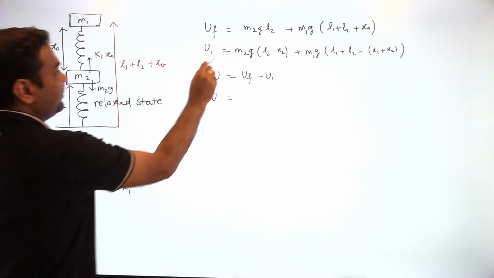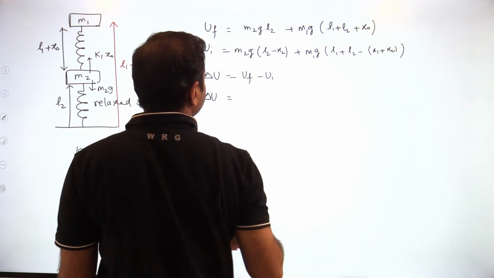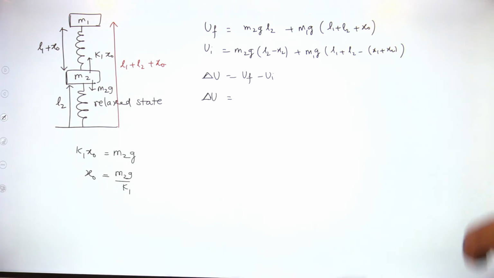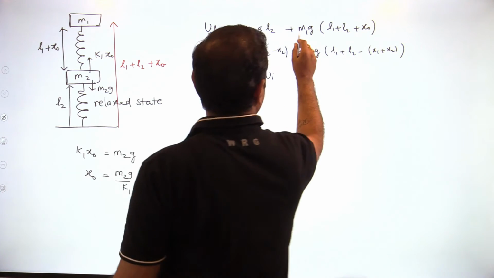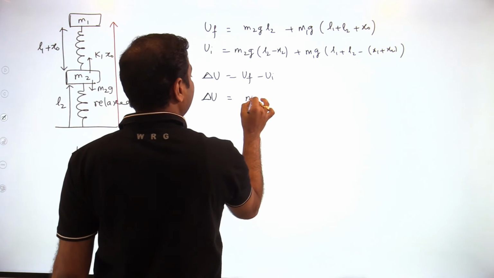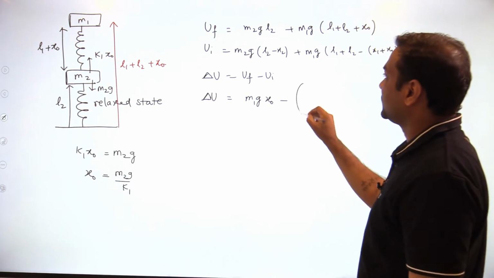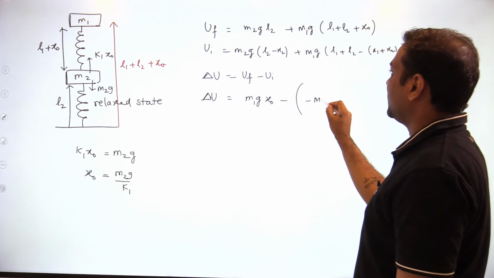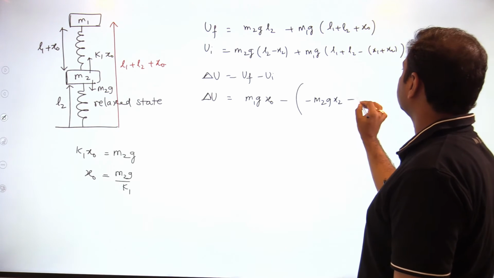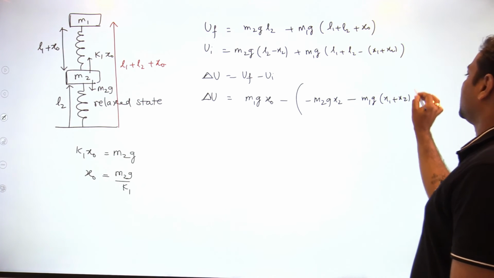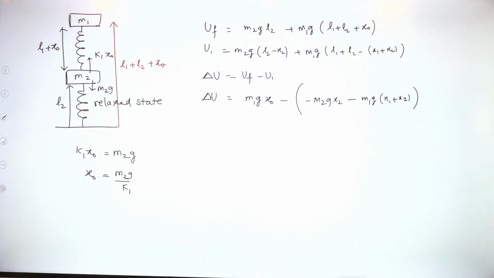Now M2 g L2 cancels out. M1 g (L1 plus L2) also cancels out. Of the final value, what is left? M1 g X0 is left, minus the initial value terms left: minus M2 g X2 and plus M1 g (X1 plus X2) with sign reversed. See, these are the terms left in the initial potential energy.